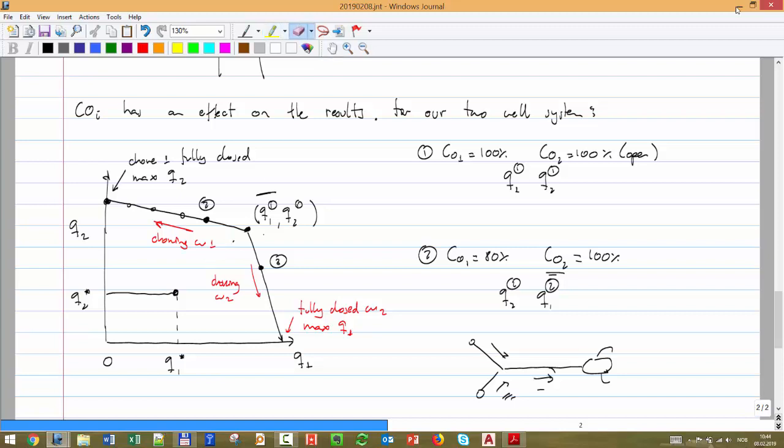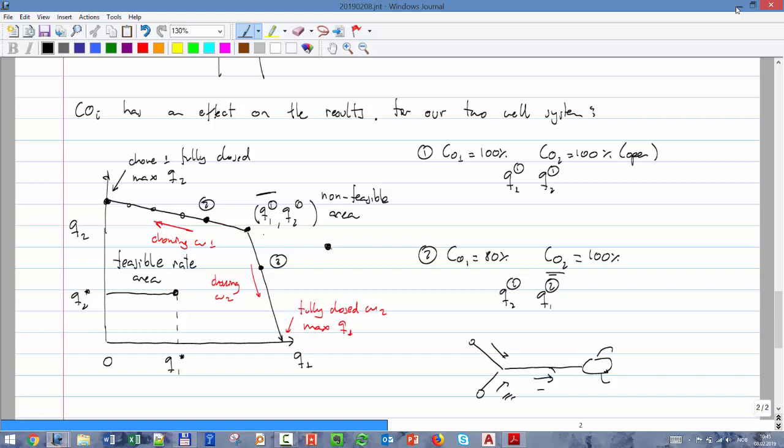So this region is what I call the feasible rate area. Everything outside means the system cannot produce more, even with fully open chokes. So this area is the non-feasible area. If the reservoir engineer asks for a combination there, you say sorry, we cannot do it. We have to be inside the plot.